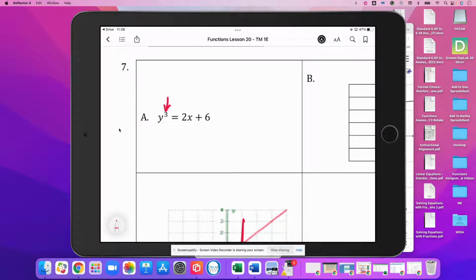And so if that exponent on y is an odd number, it's a function. If it's an even number, like we did 2 earlier, not a function.